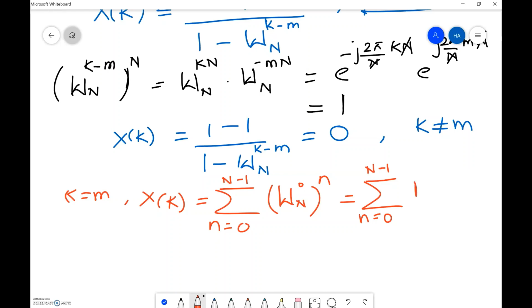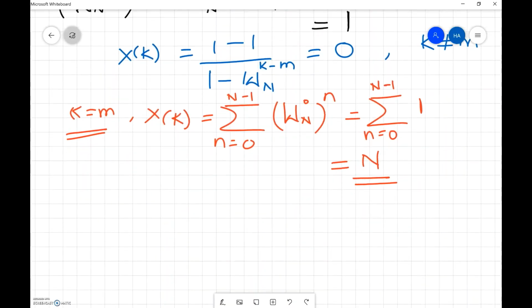If you had minus 1 power n, then it's a different issue, you'd have to add 1 minus 1, 1 minus 1 like that. But for 1 power n, for any value of n, it will be 1. So you are going to add 1 N times. That is the summation of 1, n from 0 to N minus 1. So you have capital N terms in this summation, and you are adding 1 N times. So what is the value of this? It is equal to N when k is equal to m.